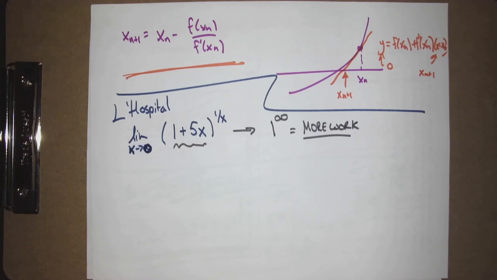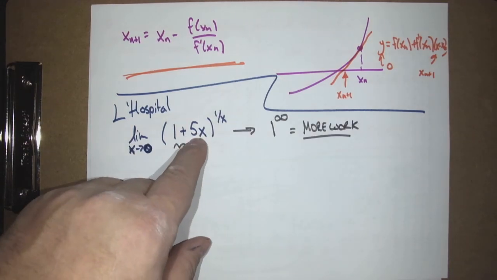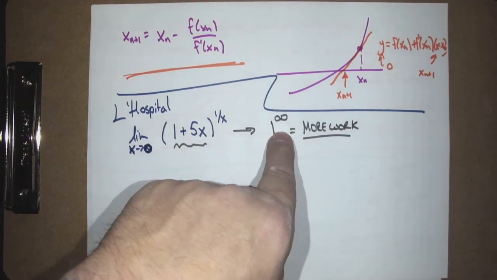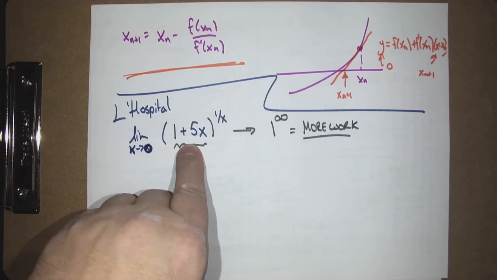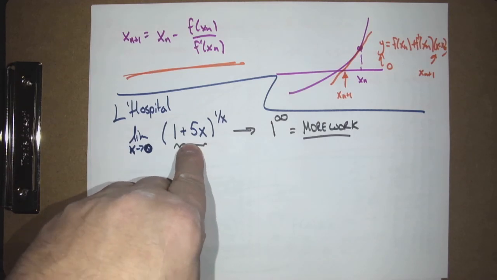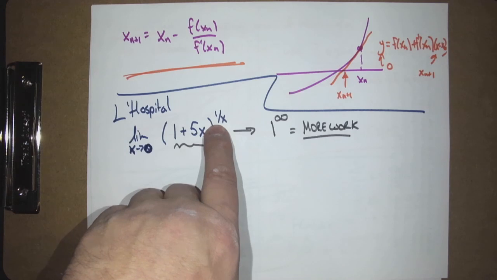So the real problem is when you plug x equals 0 in, it's currently 1 to the infinity. The problem is limits don't care what happens at 0. What do they care about? What happens near 0. Now, near 0, it's not 1. It's like 1.00005 to the million.